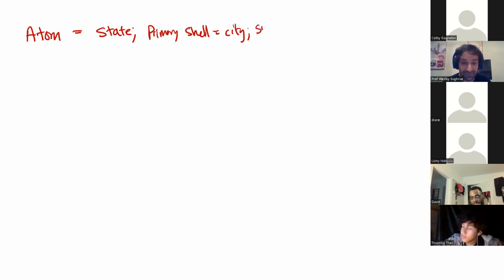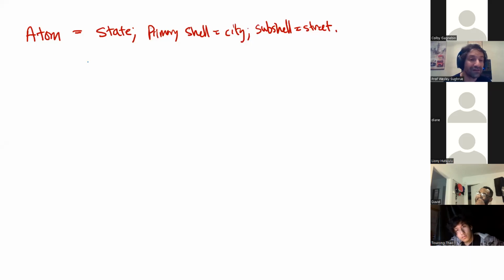Then we have the subshell is the street. And we're just talking about those things. We haven't even gotten to the houses. We haven't even talked about the houses on the streets. We're just talking about the streets.